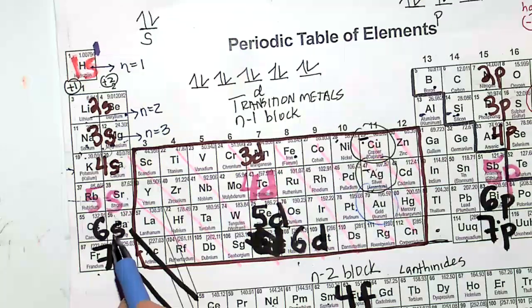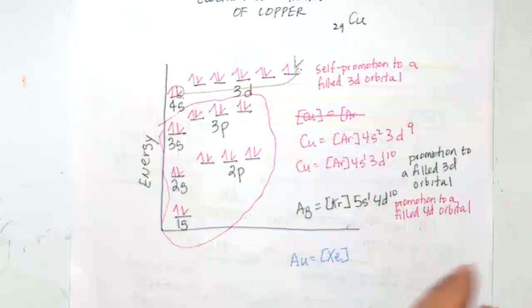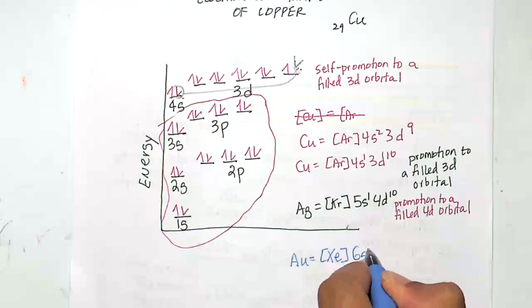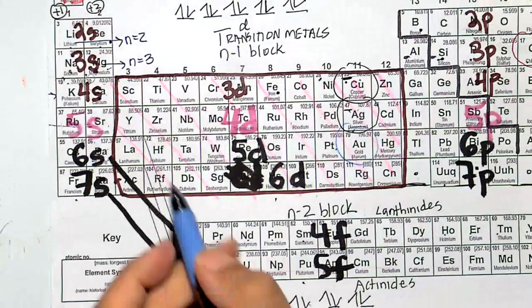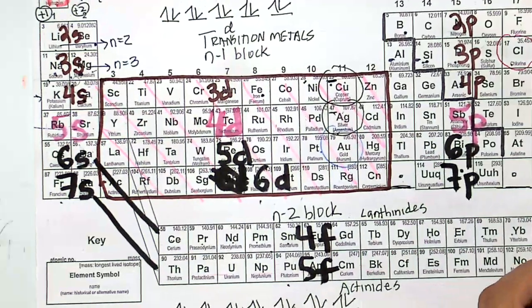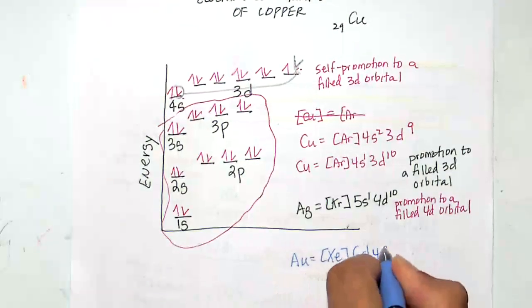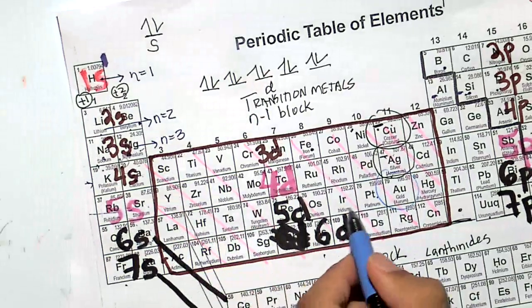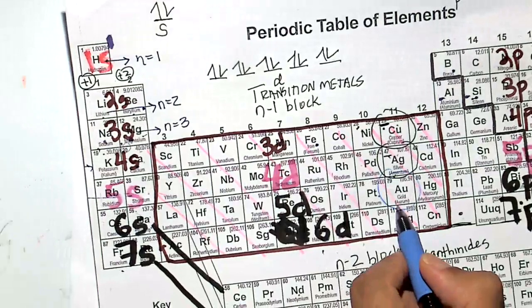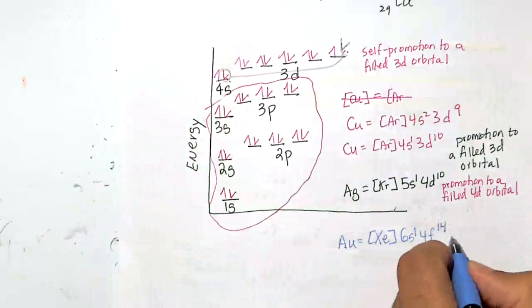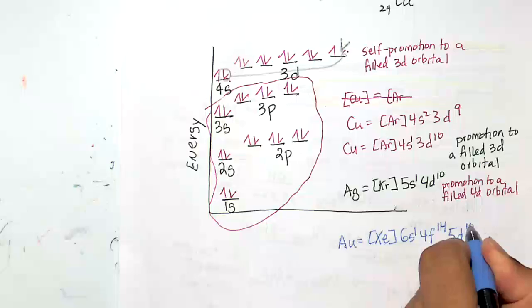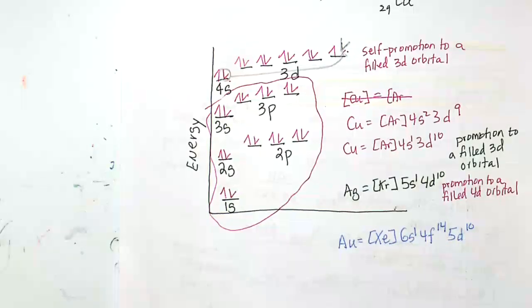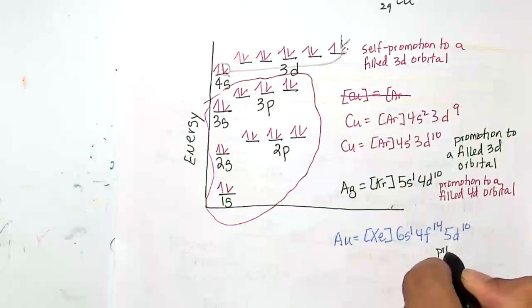After xenon, what would it be? 6s2, but it's promoted, so it's going to be 6s1. Okay, we have a 4f14. And then where will it go? 5d10. So this is a promotion to a filled 5d orbital.